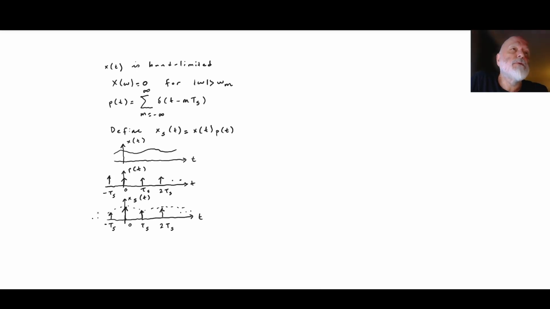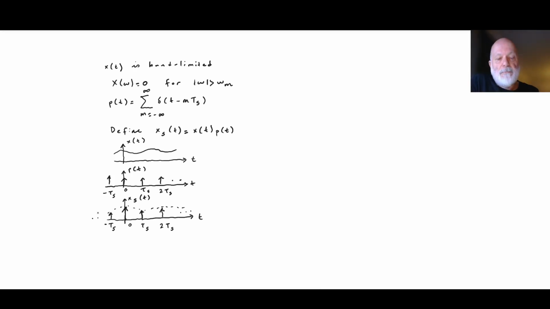Okay, it is obvious that in real-world applications we are unable to construct such an impulse train. That means pulses with zero duration and infinite magnitude. These are not physically realizable.